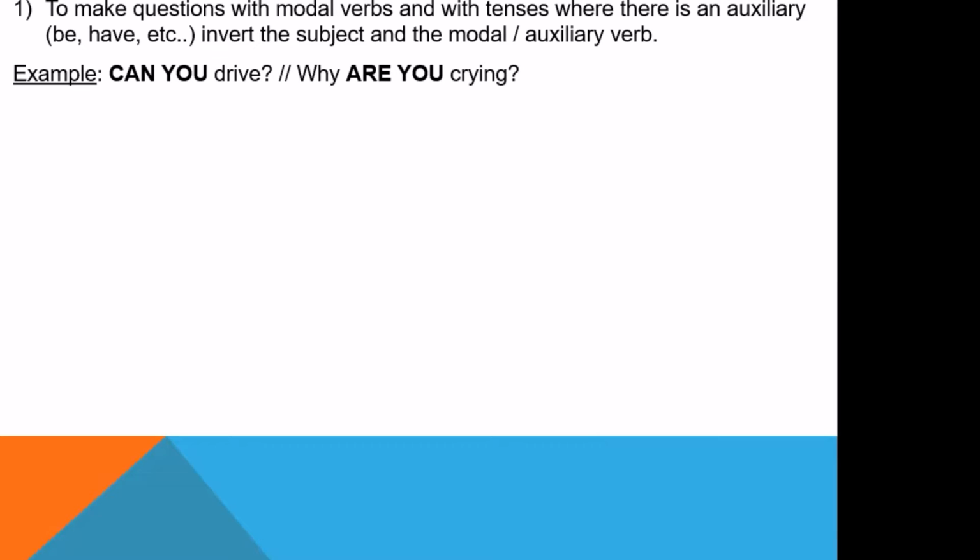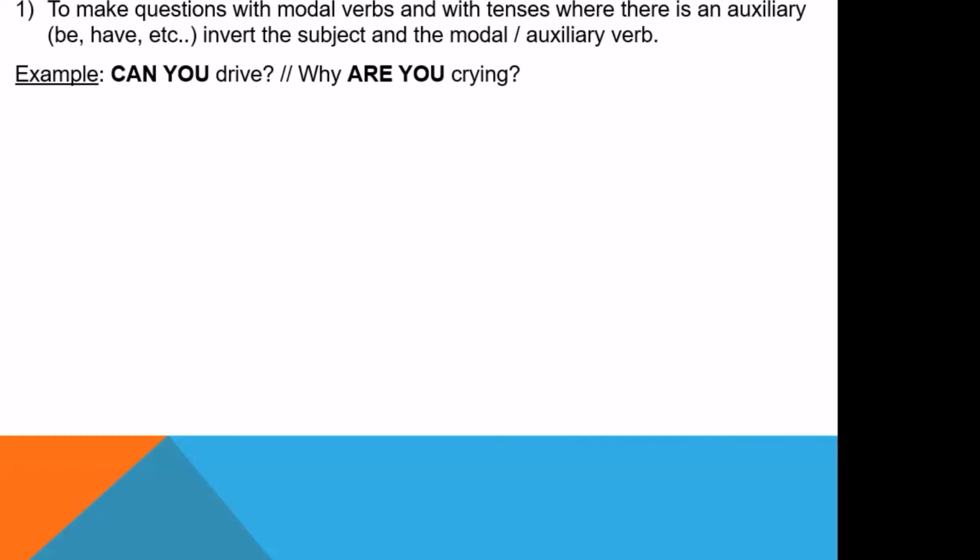There are 16 in total, like can, will, may, might, must, should. And to ask questions with tenses where there is an auxiliary, be, have, or both of them, including here the continuous tenses, the perfect tenses, and the perfect continuous tenses.